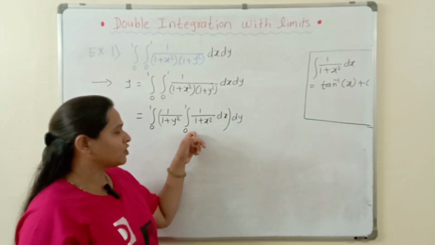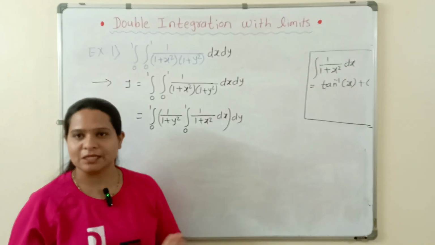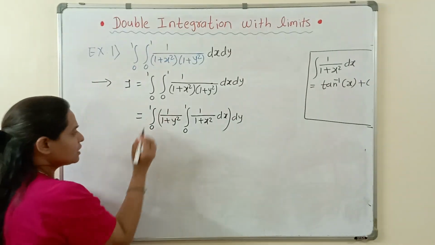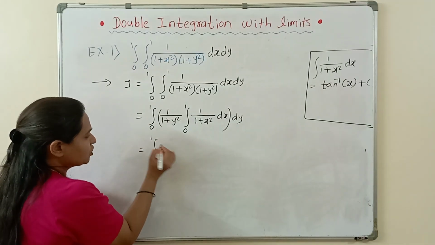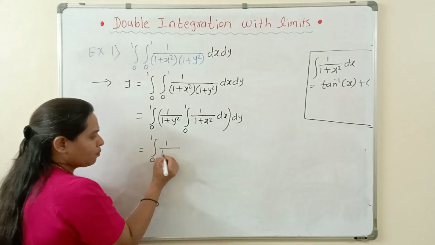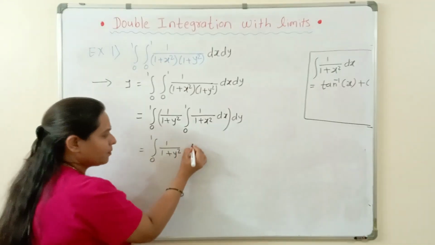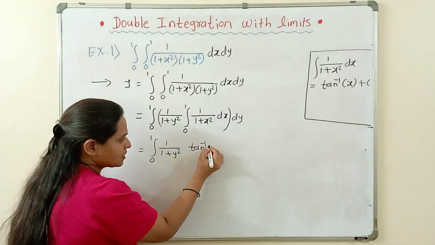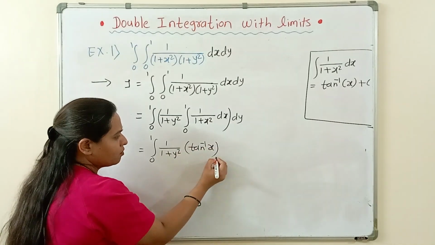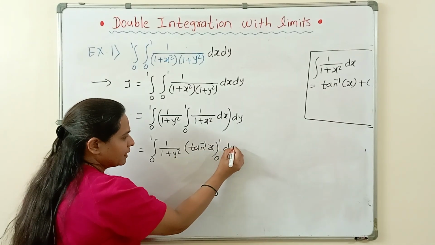If the limits of integration are given, then we will not add that c. So using this formula, I am keeping 1 upon 1 plus y square as it is, and the integration of 1 upon 1 plus x square is tan inverse of x, with limits from 0 to 1, and then dy.